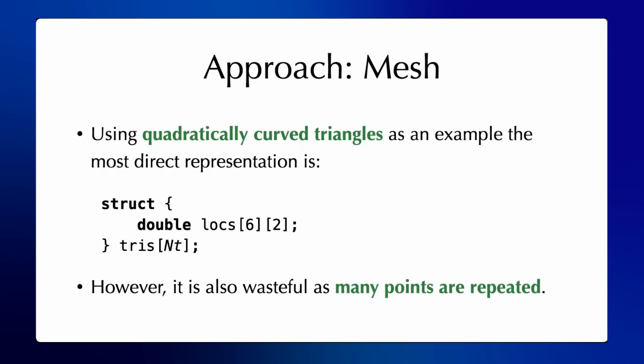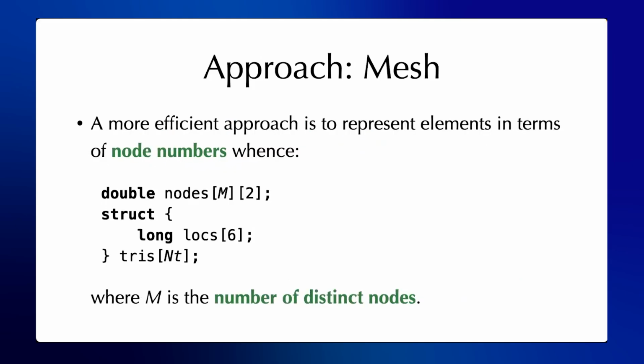Hence, a more efficient approach is to have elements being defined in terms of node numbers, where these numbers, which I'm showing here as locks, are indices into a global nodes array, where the value m here is the number of distinct nodes in your mesh.